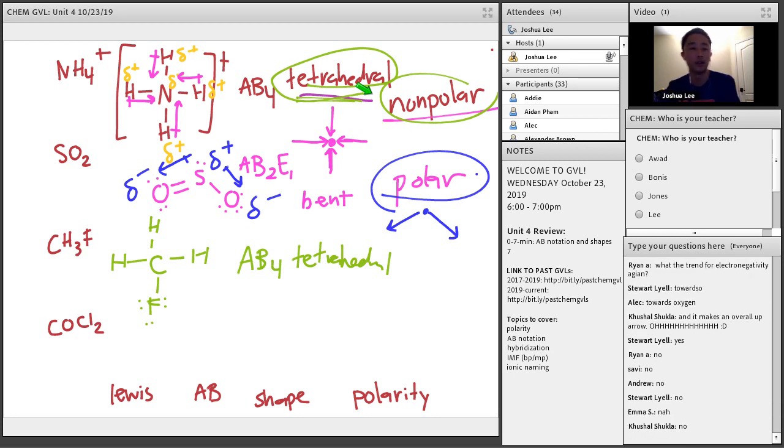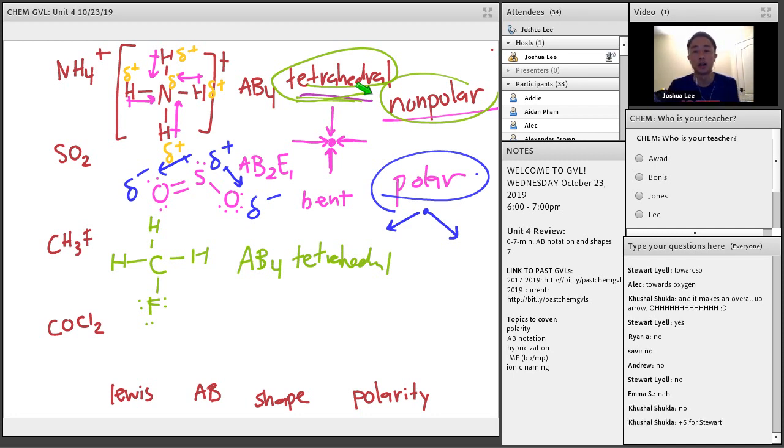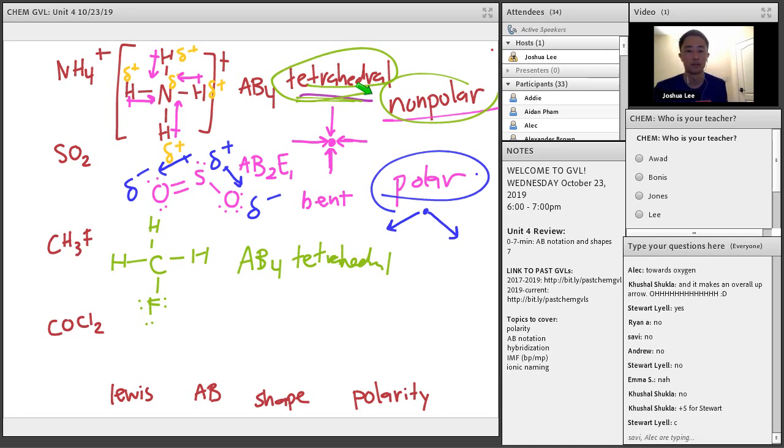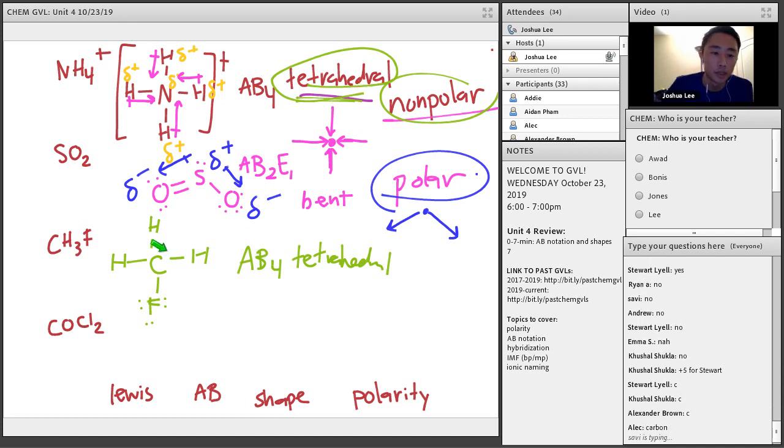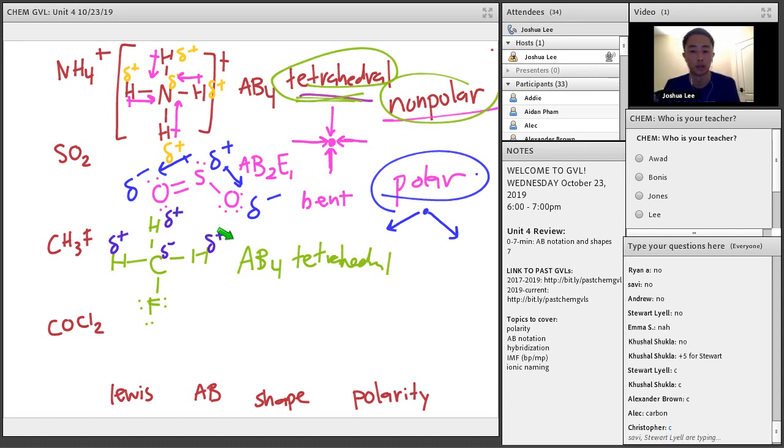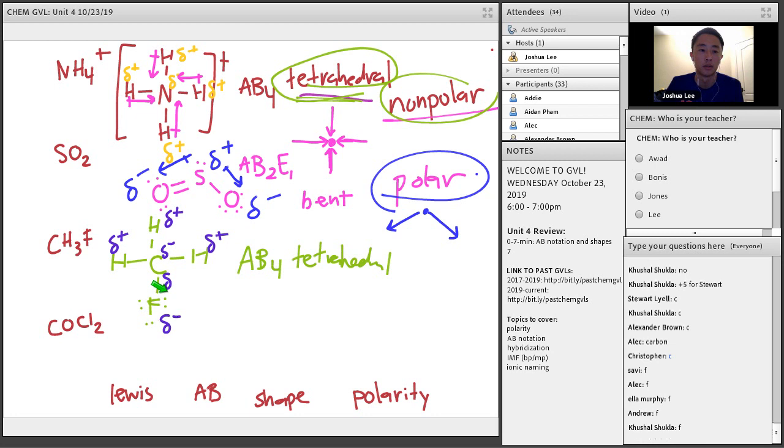So we have to do the arrows. Between hydrogen and carbon, which one is more electronegative? Carbon. So carbon's going to be slightly more negative compared to the hydrogens. But if we compare fluorine and carbon, which one is more electronegative? Fluorine. So fluorine is more negative when we compare it to carbon.